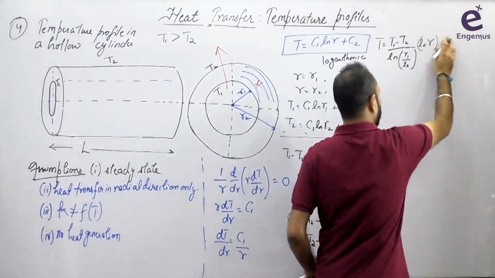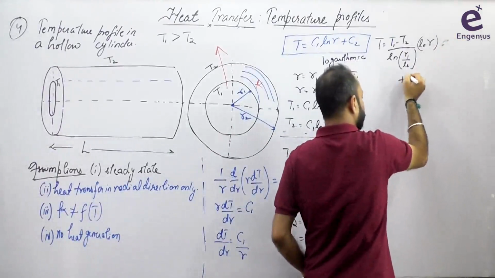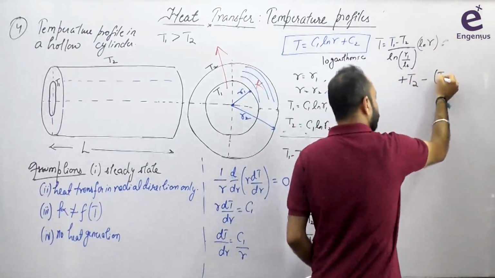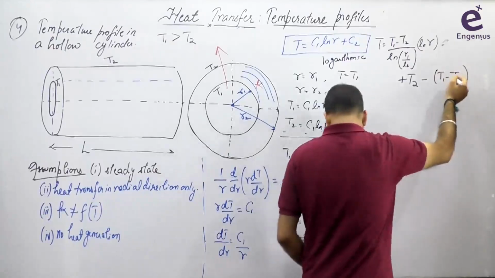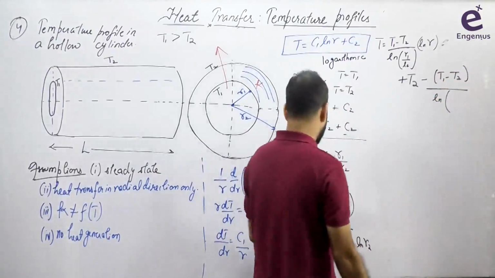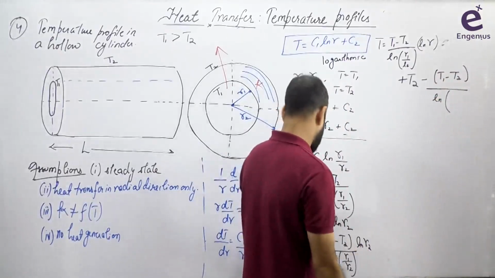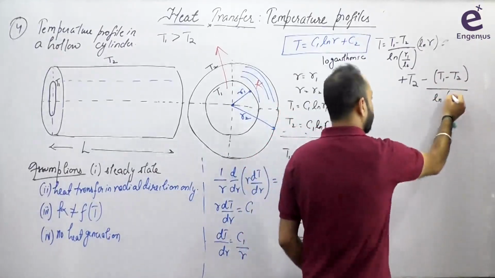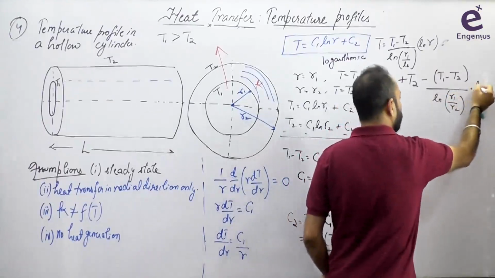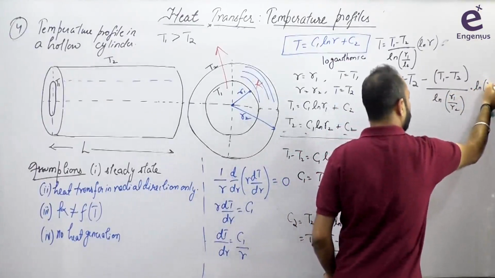C2 is, I'm writing the second term here to have some space, T2 minus T1 minus T2 by log of R1 by R2 into log of R2.